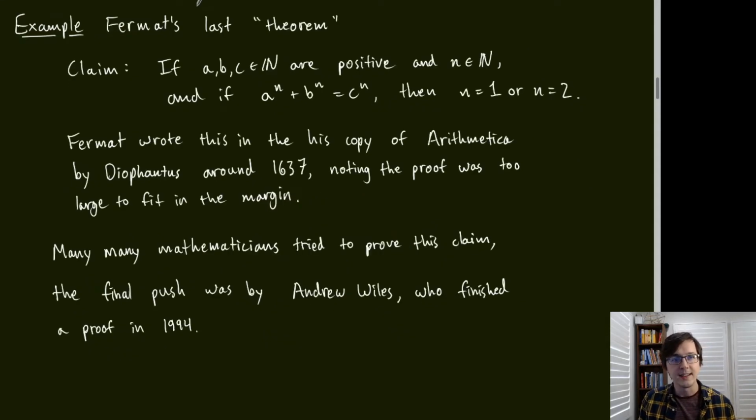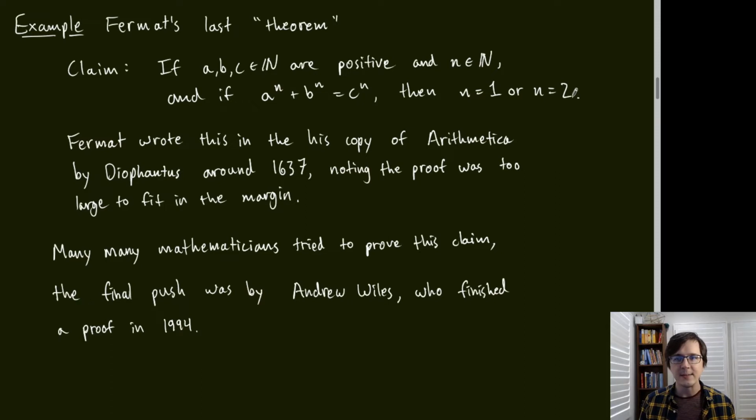Okay, another classic example of a Diophantine equation is Fermat's last theorem, which I put in quotes because it's not like he really proved it. So the claim by Fermat was that if you had three positive natural numbers, and also some other natural number n, and if these four numbers satisfy a to the n plus b to the n equals c to the n, then n must be 1 or 2.